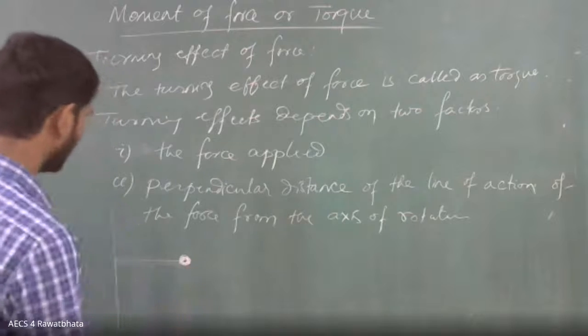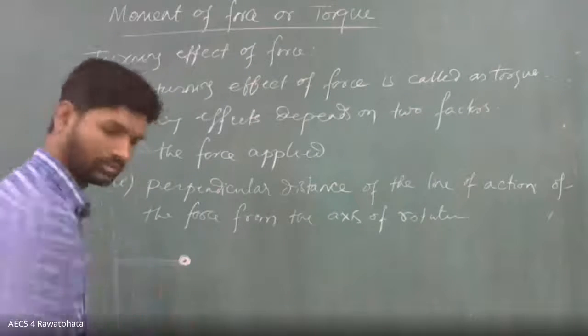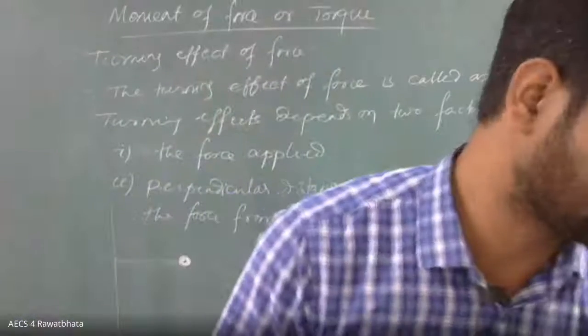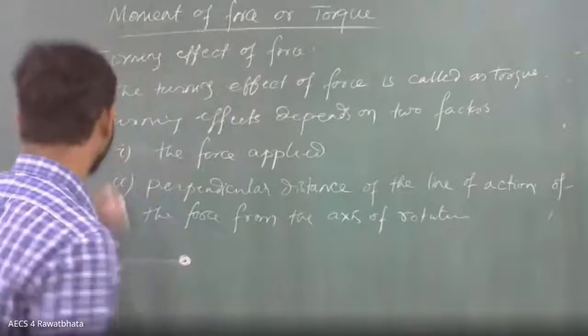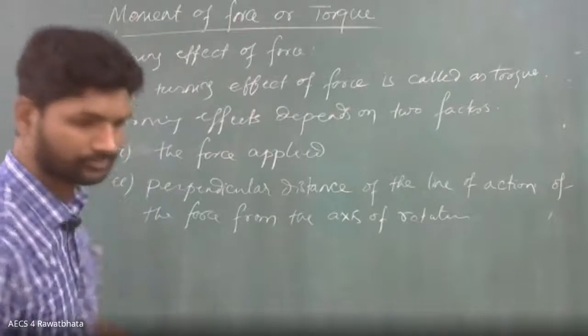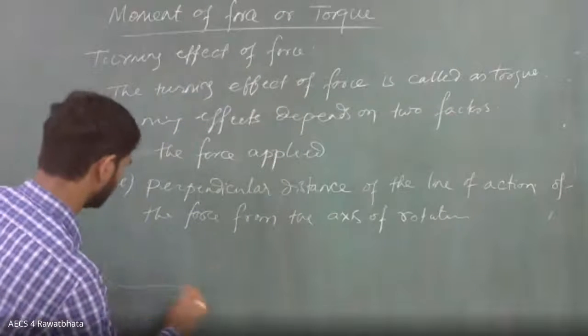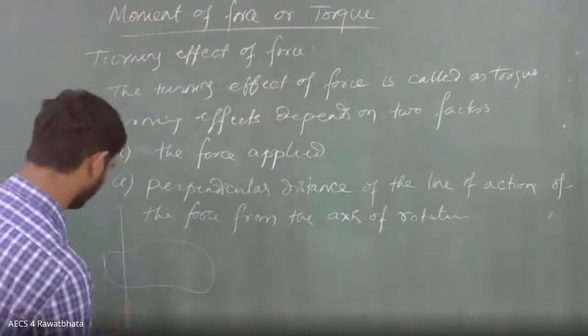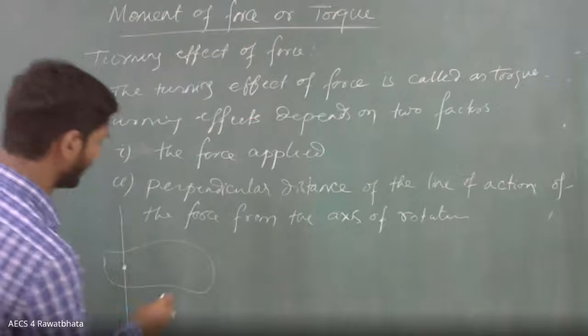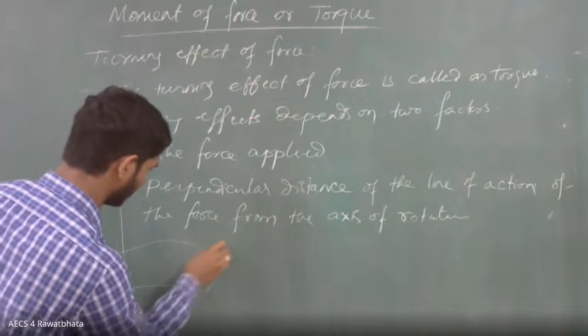Let me change the object to a little bigger one, then it will be more clear. Let us say the object is something like this. Okay, and force is applied along this direction like this.